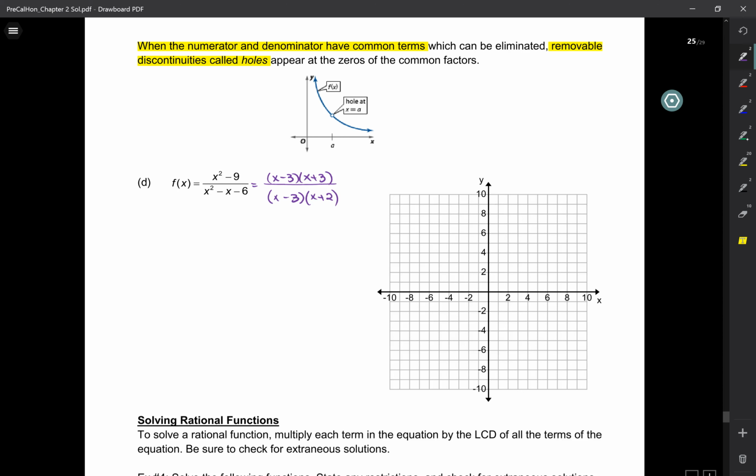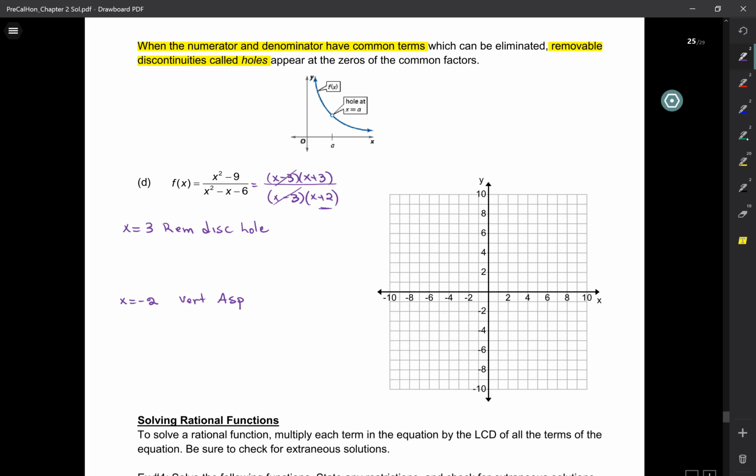Okay, so what does that tell me? When these cancel, that means that at x equals 3, there is a removable discontinuity, or a hole. Okay, at x equals negative 2 here, because that never goes away, there is a vertical asymptote.